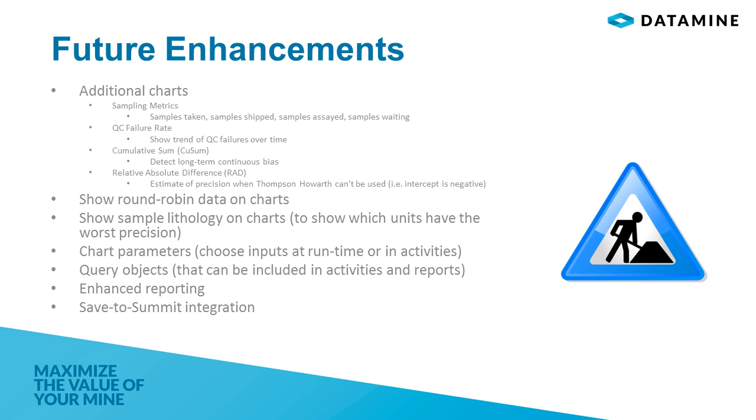This notion of parameters: right now, you define a chart for a certain standard and result, but we want to let you choose which ones you want at runtime, on the fly. So specify your standard template, but then when you run it, you can choose the standard you want, or the result that you want.